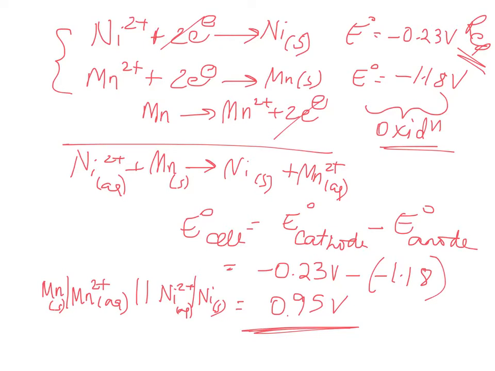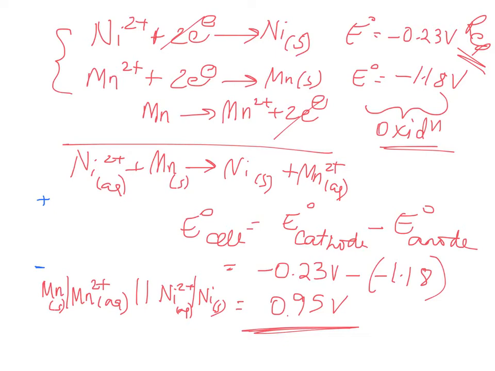Now, one might envision another way of predicting the spontaneity of the reaction. Our reactivity table basically lists half reactions in order of decreasing electrode potential, so it provides more positive numbers on top and more negative values at the bottom.